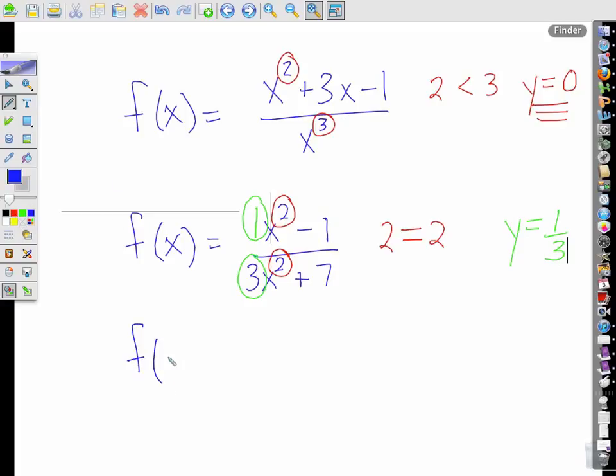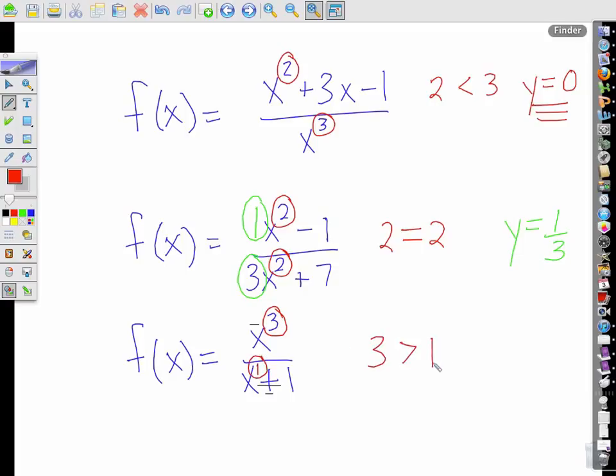And finally, if you have your function, f of x equals x to the third over x plus 1, your degree on top is 3, your degree on bottom is 1, so 3 is greater than 1, there's none.